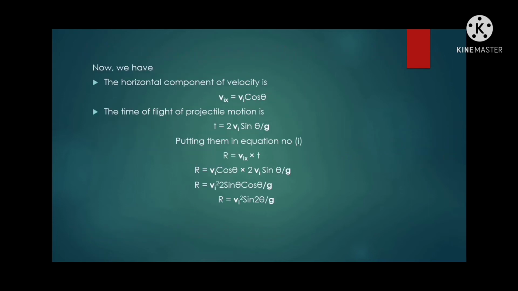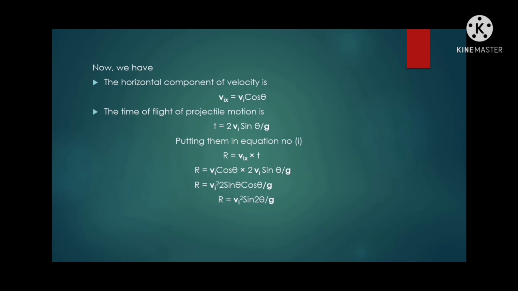Now we have to make some changes in this equation in order to make it applicable for the derivation of the formula of the range of projectile. Our first point is that the horizontal component of velocity is Vix equals Vi cos theta. Our second point is that the time of flight of projectile motion is T equals 2 Vi sin theta over g.